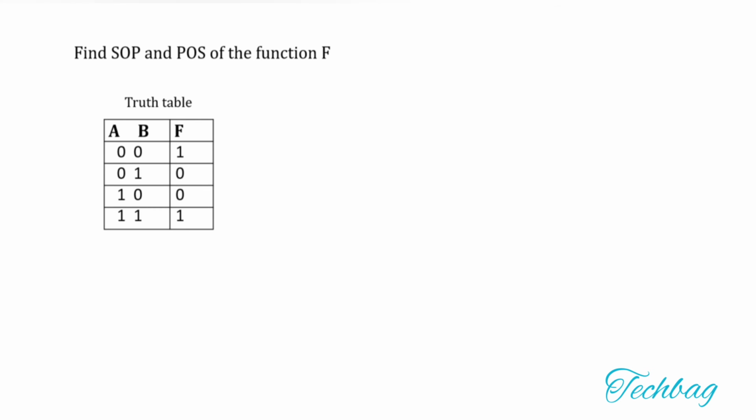If you are going to write a product of sum expression, first you have to check the input combination for which the function is 0, because in product of sum 0 represents the true value. So you have to find the corresponding input combination, then that should be represented by a sum term, because here we are writing product of sum. So first you have to find the sum terms. Next you have to take a product of those sum terms to get the product of sum form.